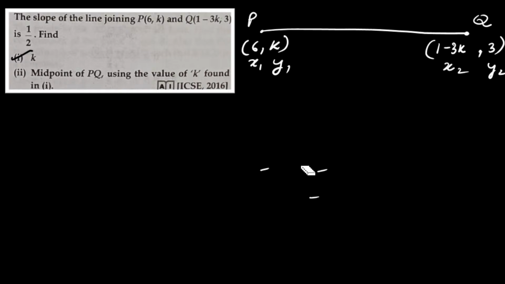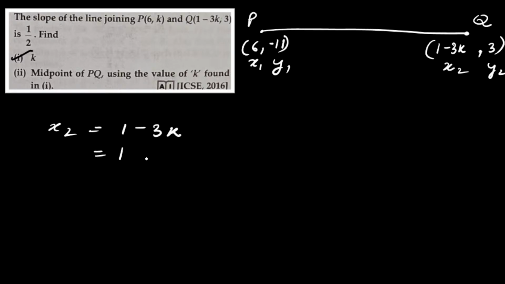So if I use the value of K as minus 11, what will be the coordinates of P? P's coordinates are 6 comma K, so the coordinates of P will become 6 comma minus 11. Here Q's coordinates, if I substitute the value, in Q's x2 I have 1 minus 3K.